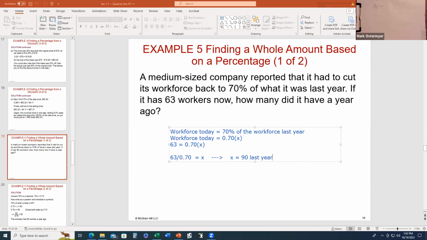Okay. So that's one way that we could have done the problem. Everybody see that there? That works.